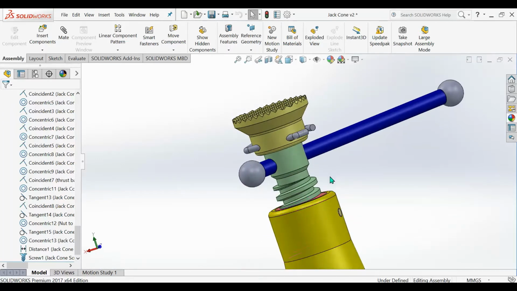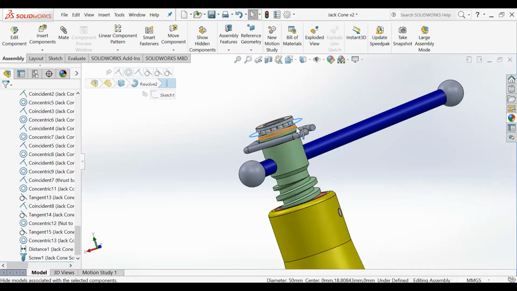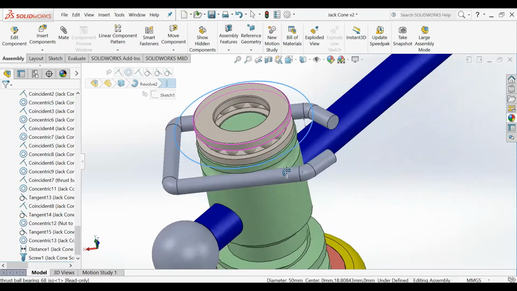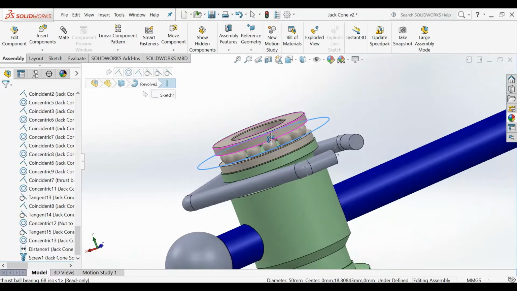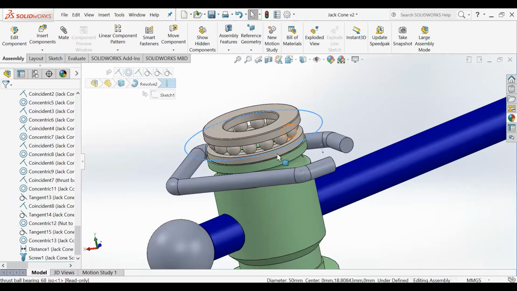Next element is a bearing. Here you see the ball bearing, a thrust ball bearing, which provides rotation of the screw relative to the fixed cap and transmits external axial force from the cap to the screw.